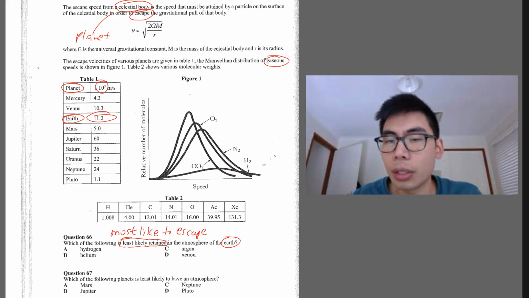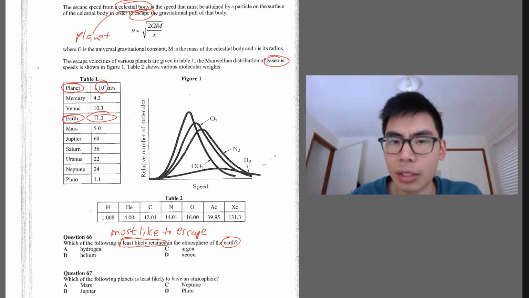So in other words, a particle or a gas or yourself has to be traveling at least 11.2 times 10 to the 3 meters per second to be able to leave. And then we've got hydrogen, helium, argon, and xenon as the gases that we are going to compare.